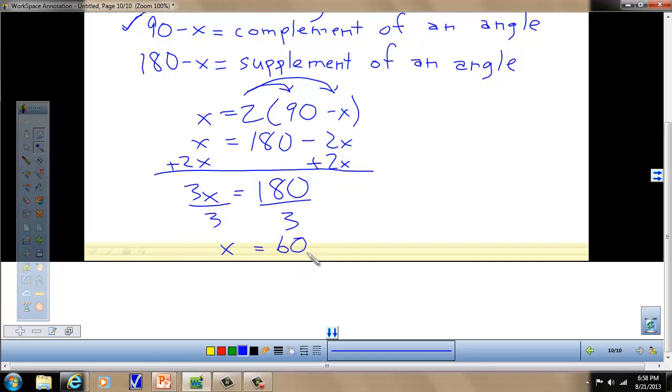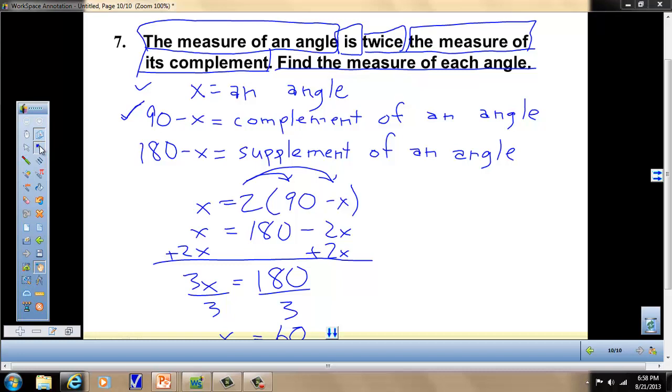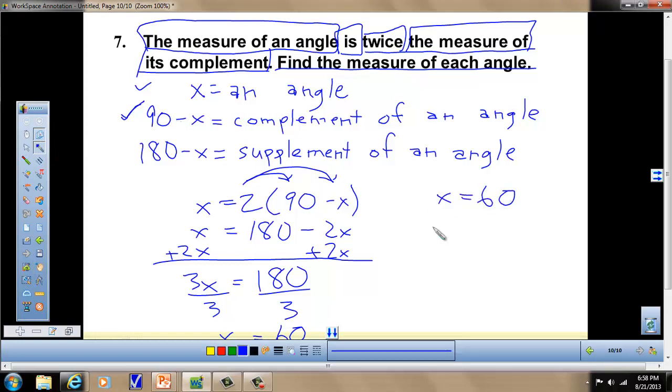Okay? So the first angle, if I go back up to the top, is 60. X is equal to 60. To find the second angle, 90 minus x, which is the complement, I do 90 minus 60. So that gives me 30.